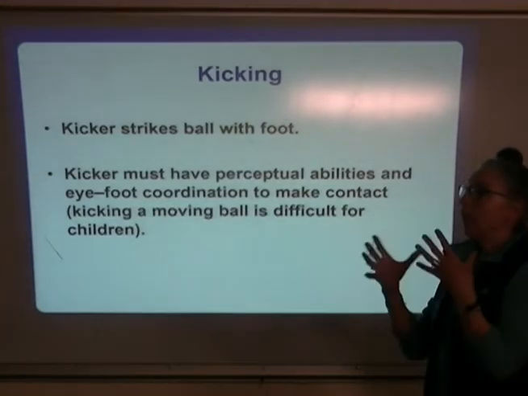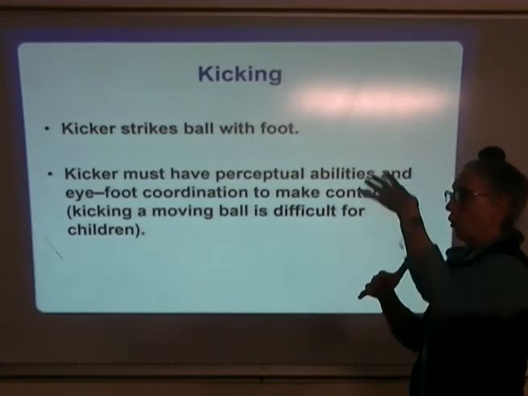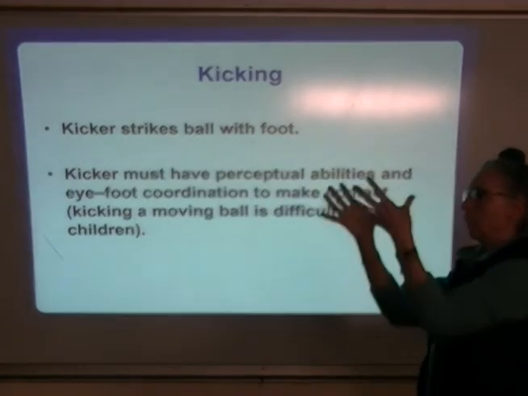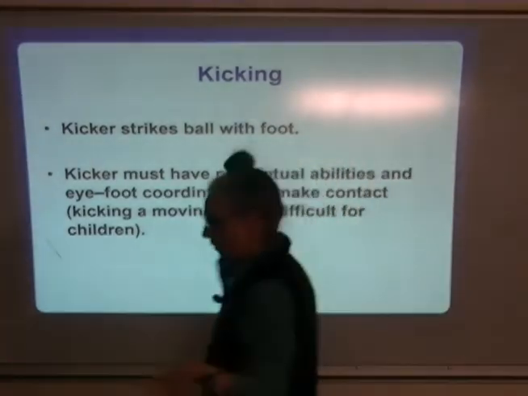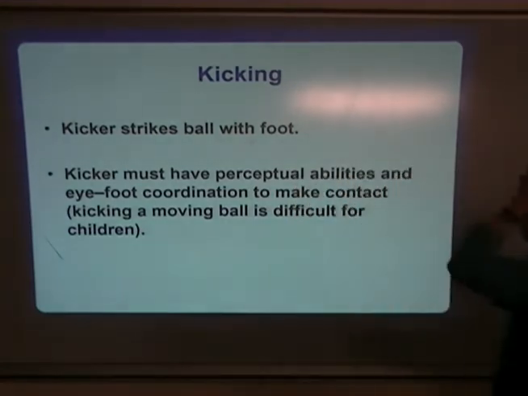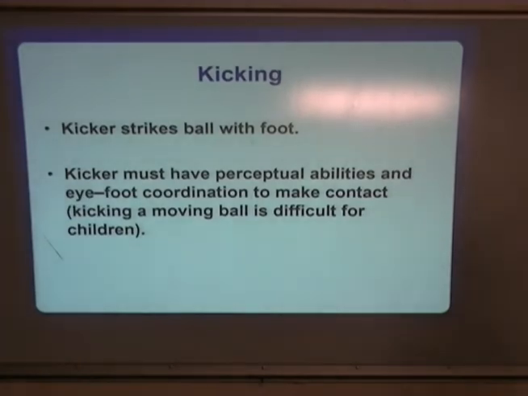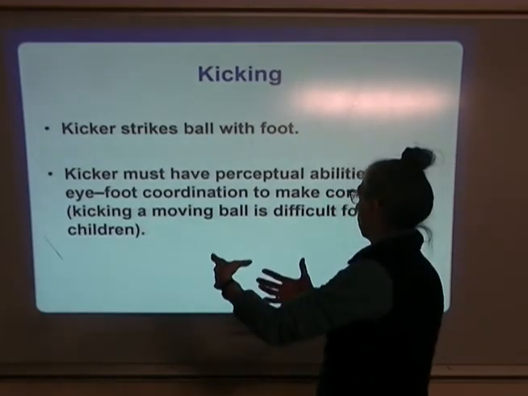So now we have to integrate perception of the environment and the ball, and we have to couple that perception with our kicking. Right? So we have what we call eye-foot coordination, right? Because I've got to time this swing and this kick so that I make contact with the ball, right?